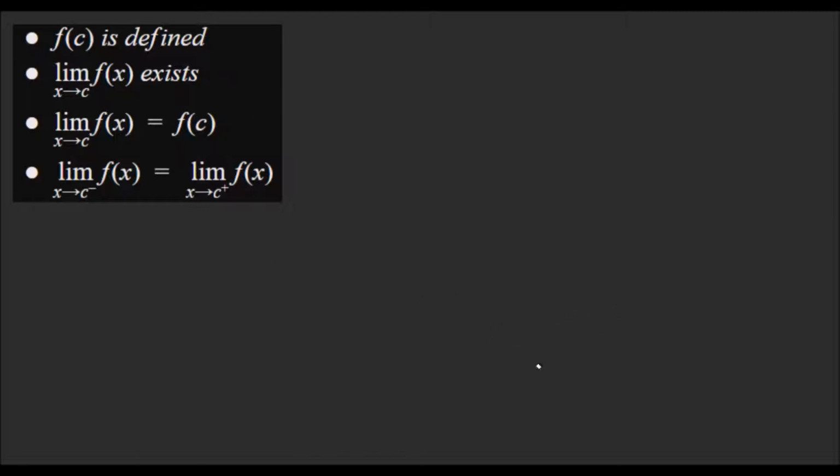Again, the limit as x approaches c of f of x can be defined as these 2 right here in conjunction. So if these 2 meet at f of c, then it meets this final condition. Now, if a function were to fulfill all 3 conditions at point c, then it would be considered continuous. But if it fails to meet any of them, then it's discontinuous.